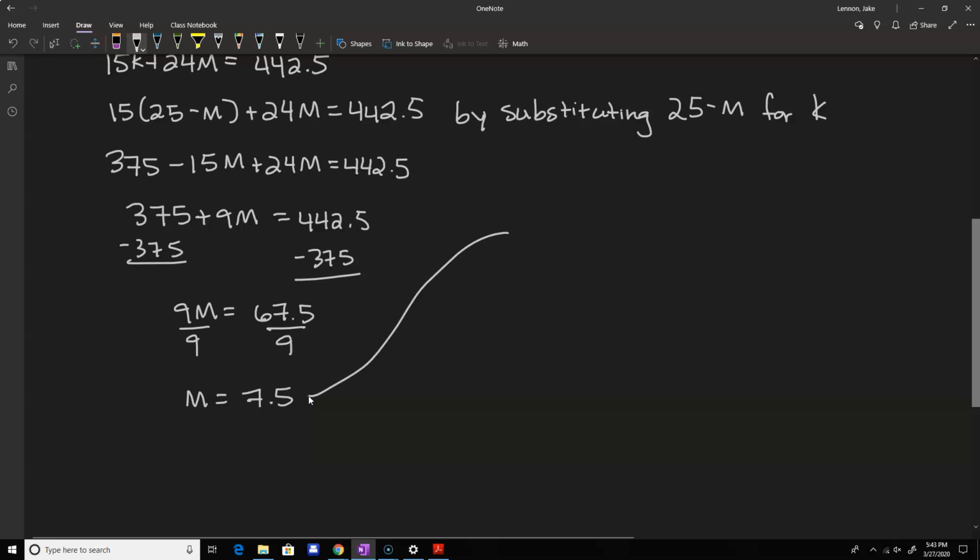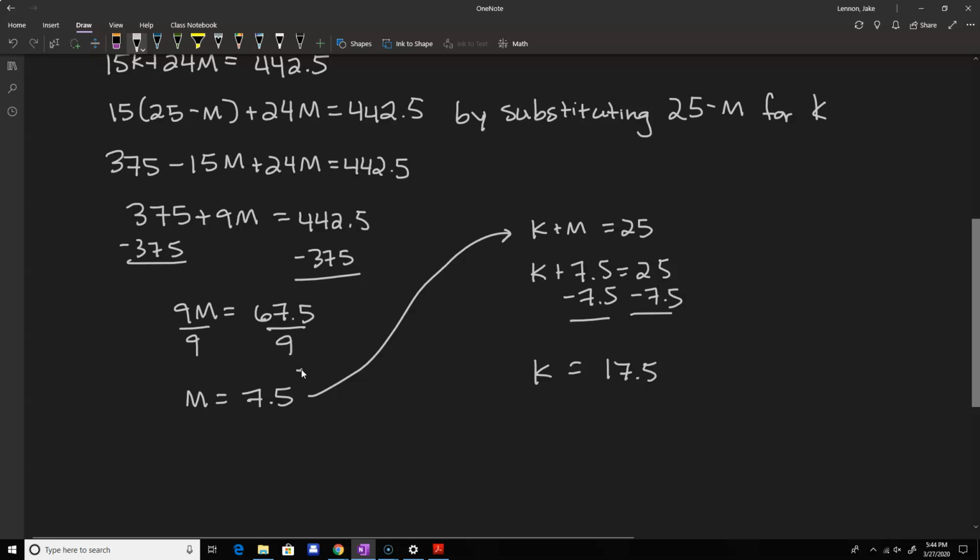So we plug this into that equation: K plus M equals 25. Replace M by 7.5, and then subtract 7.5 on both sides. So K is equal to 17.5.